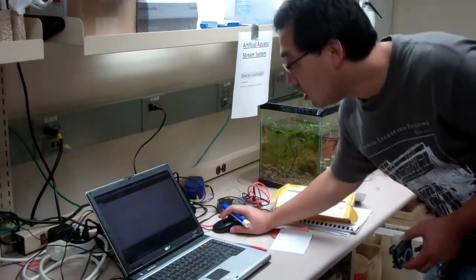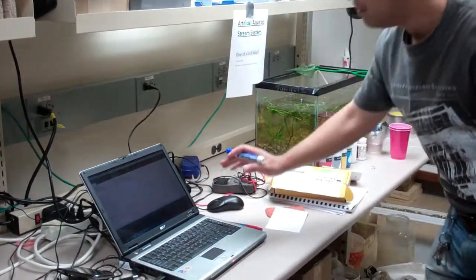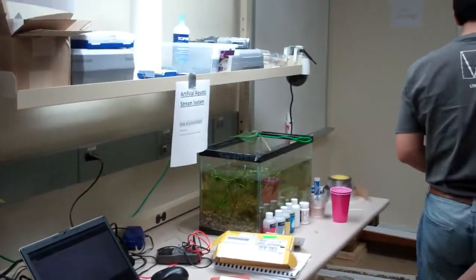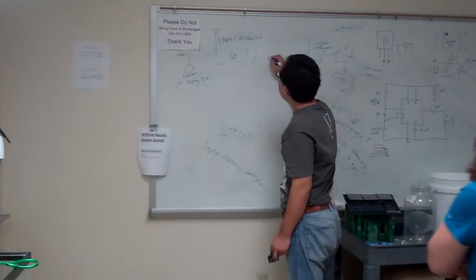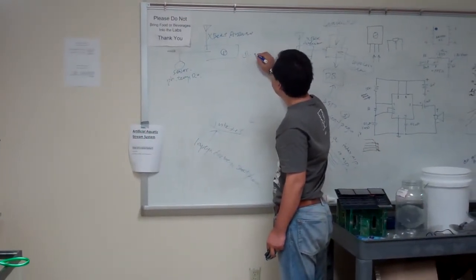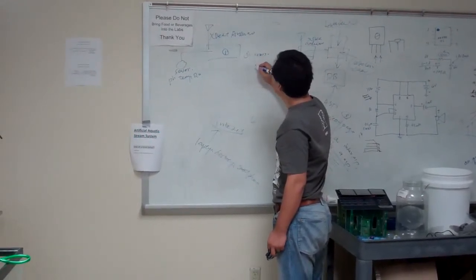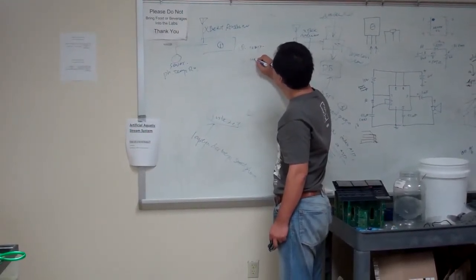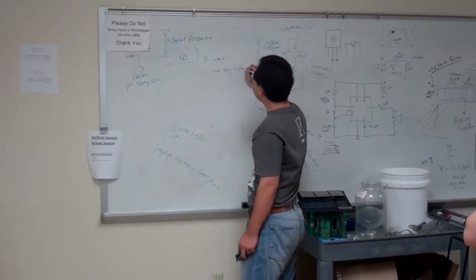Whole system here. And from here, there will be three parts. The first one, how to read the temperature. The second one, send the temperature to pH circuit.